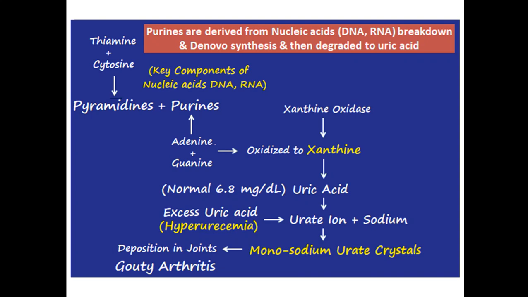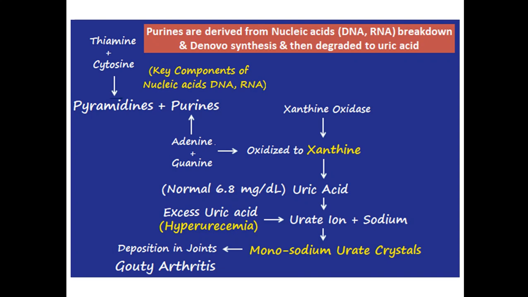We know that the key components of our genetic material, the DNA and the RNA, are composed of nitrogenous bases that form the pyrimidines and the purines. The pyrimidine is made of cytosine and thymine, while the purine is made of adenine and guanine.